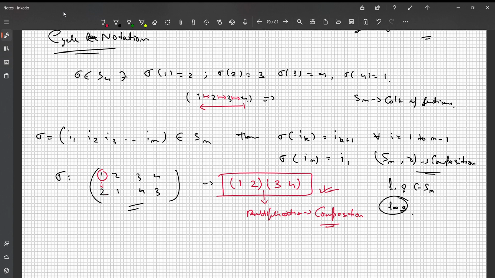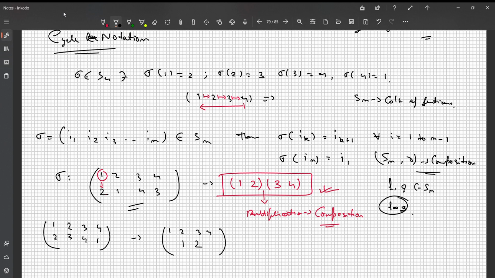Let me take a more trivial example, because this will be easier to notice. Let us consider this example where sigma sends 1 to 2, 2 to 3, 3 to 4, 4 to 1. Suppose I consider this mapping.